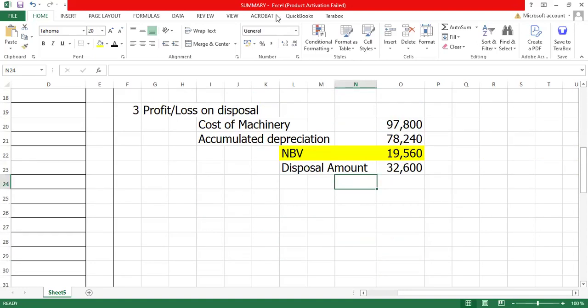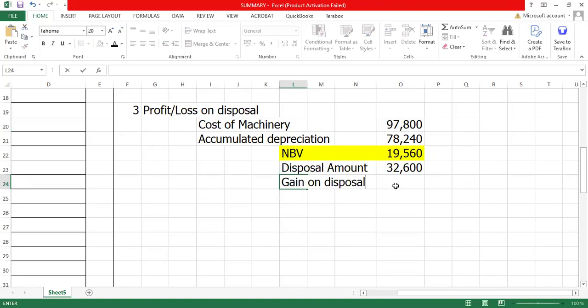That's a gain. At the time of disposal, you are seeing that your asset is at this amount, but you received this. So you have a gain on disposal.